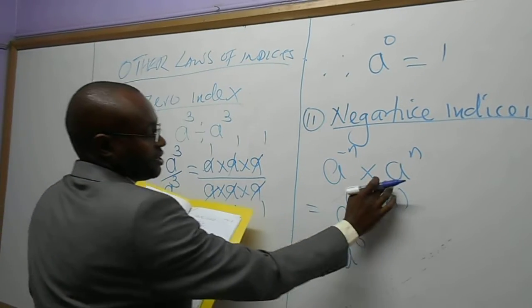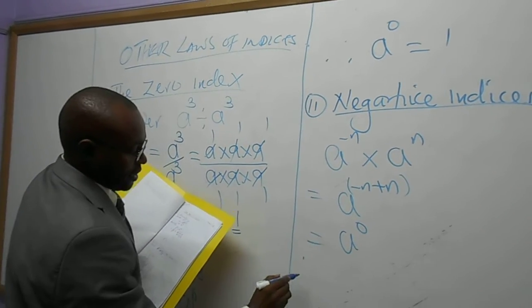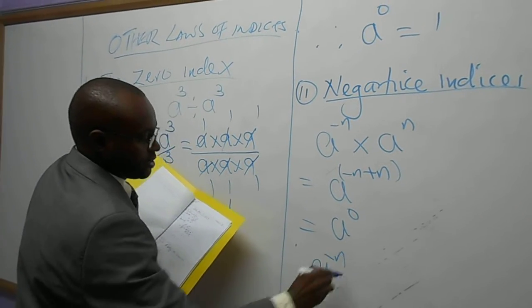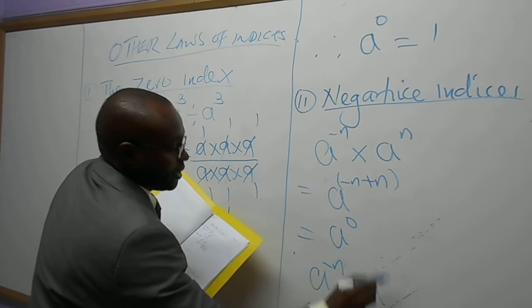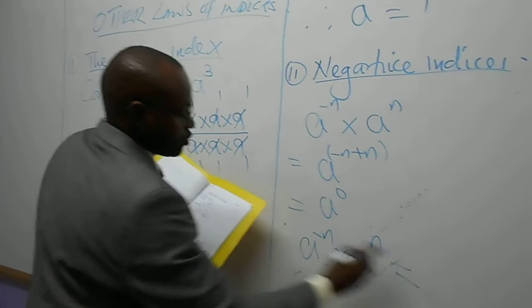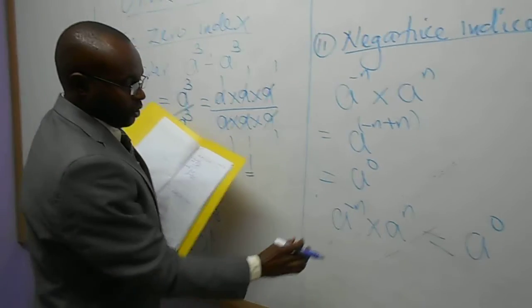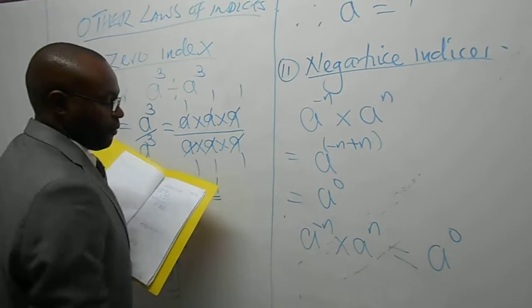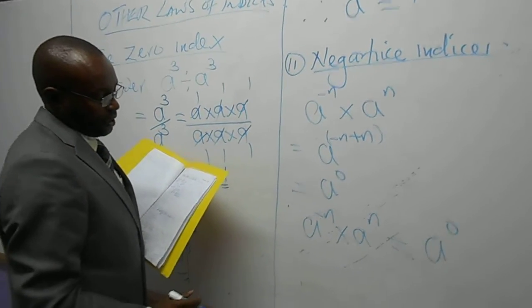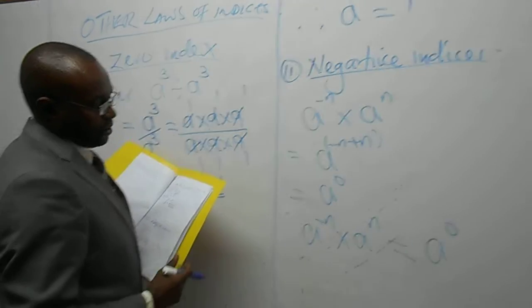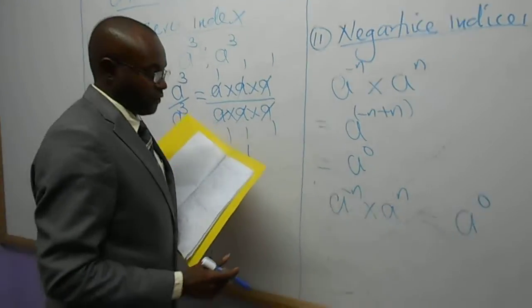So we are saying that a raised to negative n times a to n equals a to the power 0. I want to be left with a to the power negative n on one side. In other words, I want to make a to the power negative n the subject of the formula.